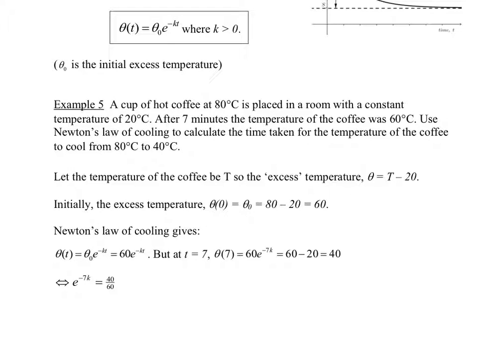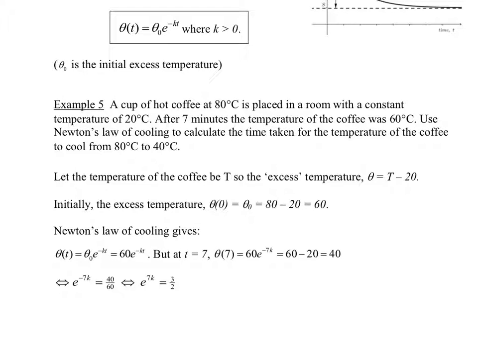Okay, so we have e to the power of negative 7k is equal to 40 divided by 60. We simplify that a little bit. It could be written as e to the 7k equals 3 over 2. Again, there are 2 or 3 different ways you can find out what k is equal to. You choose the one that suits you best.